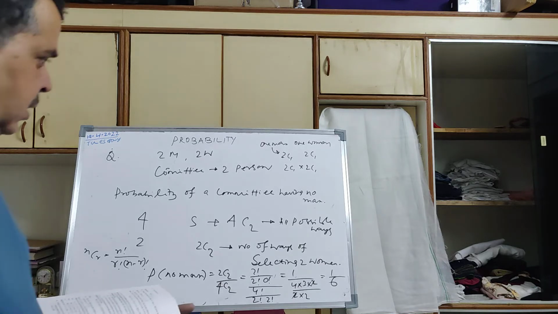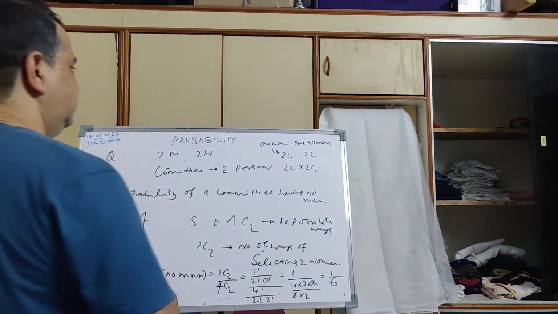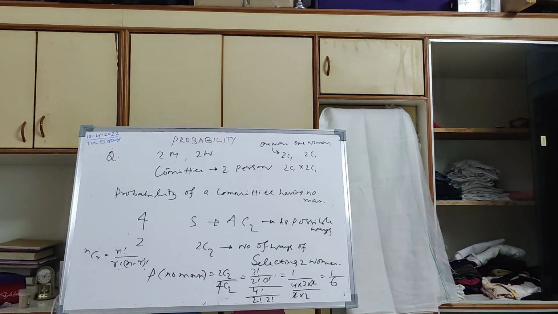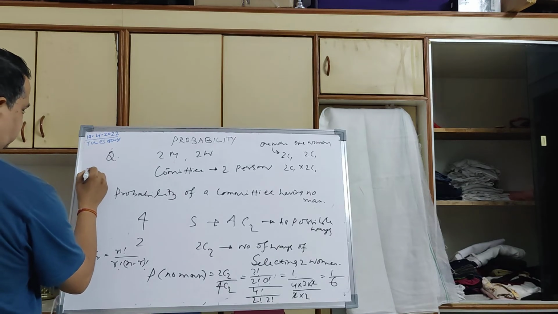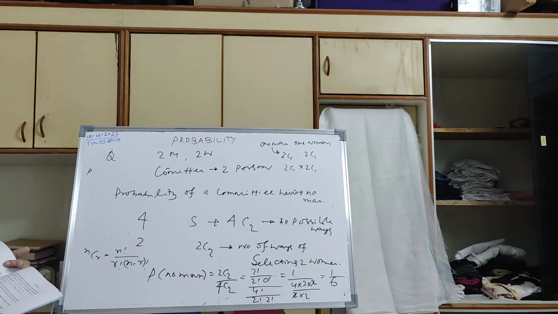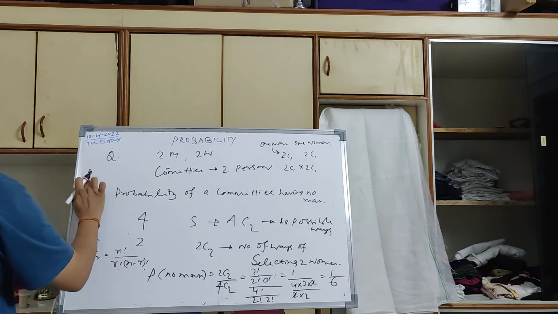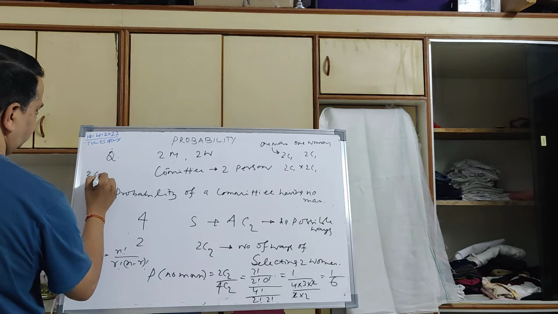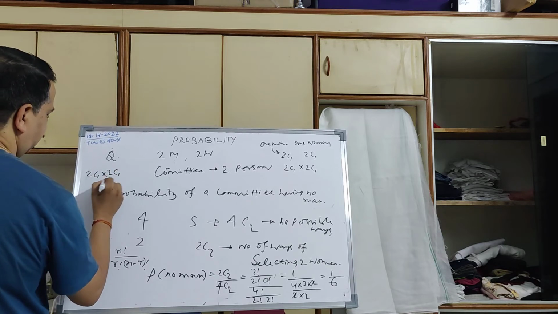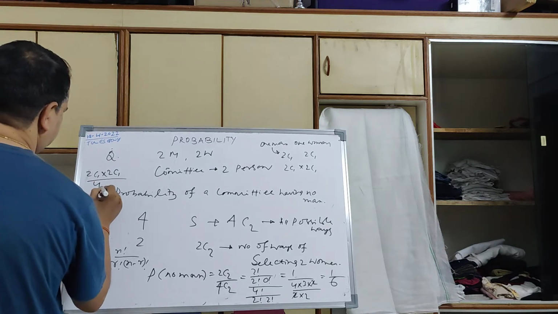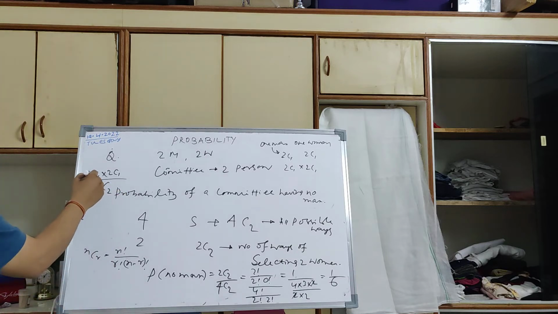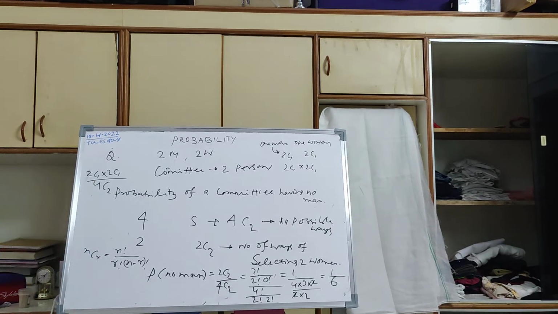The probability of the event of having one man and one woman will be 2C1 into 2C1, and the sample space, when you are selecting 2 out of 4, is 4C2. The first term is the sample space, the total of everything that is possible.